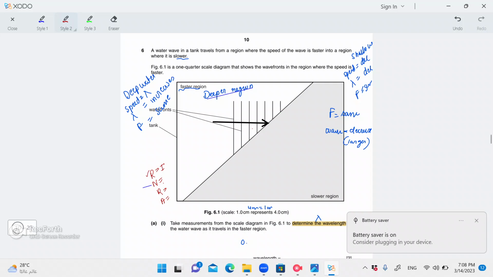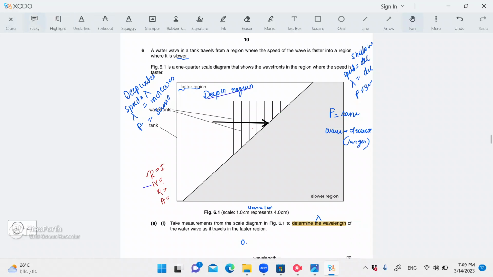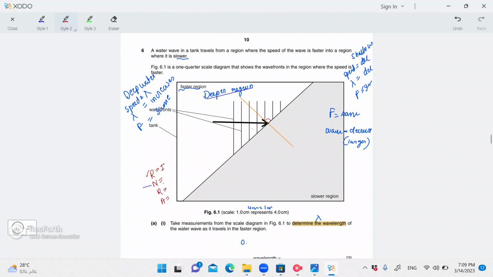This is the rule, the ray. The second will be the normal ray. The normal ray is at 90 degrees to the boundary.